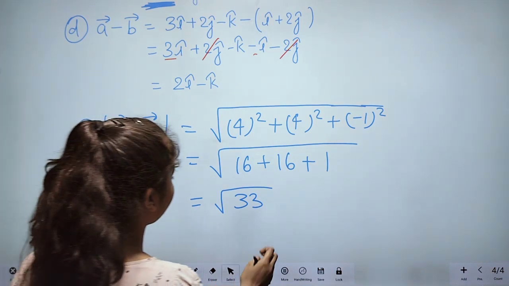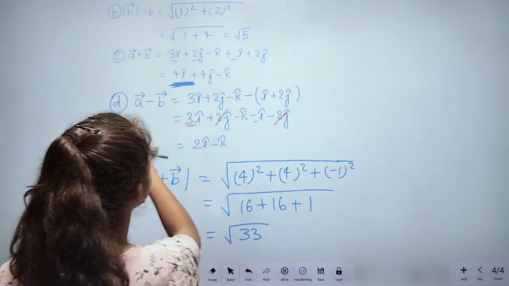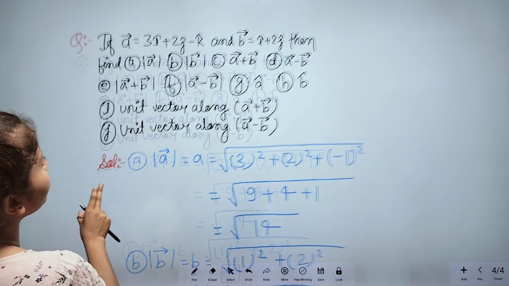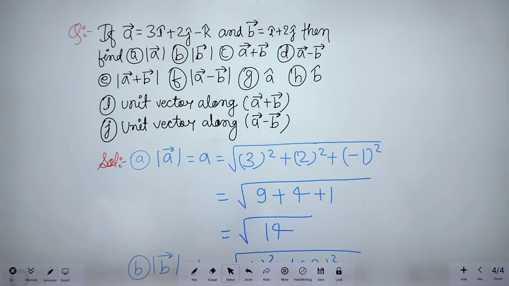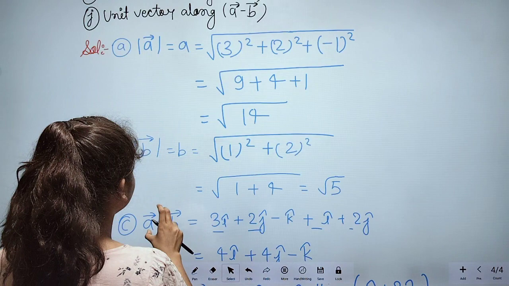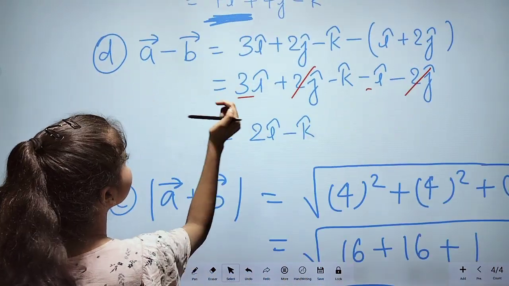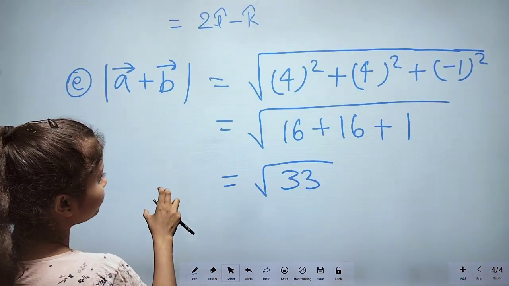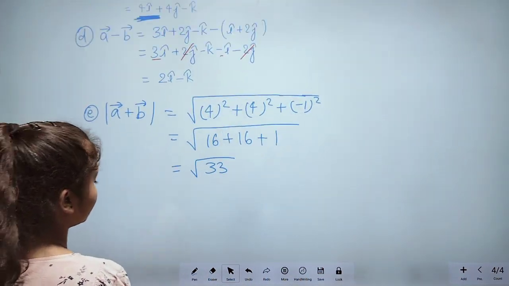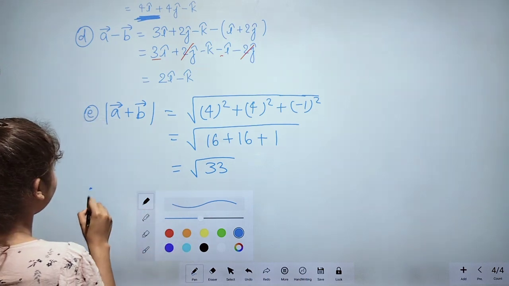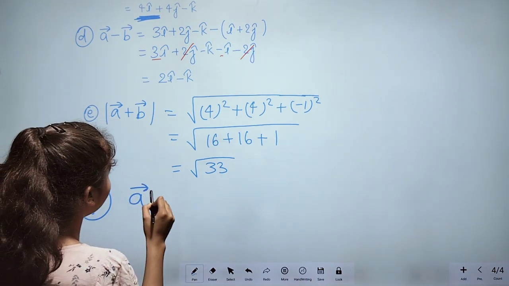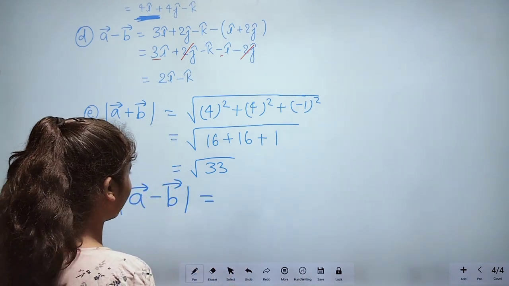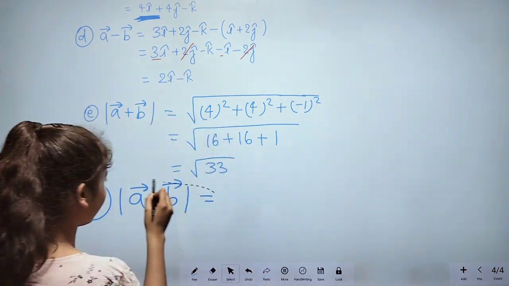And now we have to find the magnitude of what? Yes, magnitude of A vector minus B vector. So let's find. And again we have to take this one, 2i cap minus k cap. Like in F, that is A vector minus B vector, magnitude of A vector minus B vector.